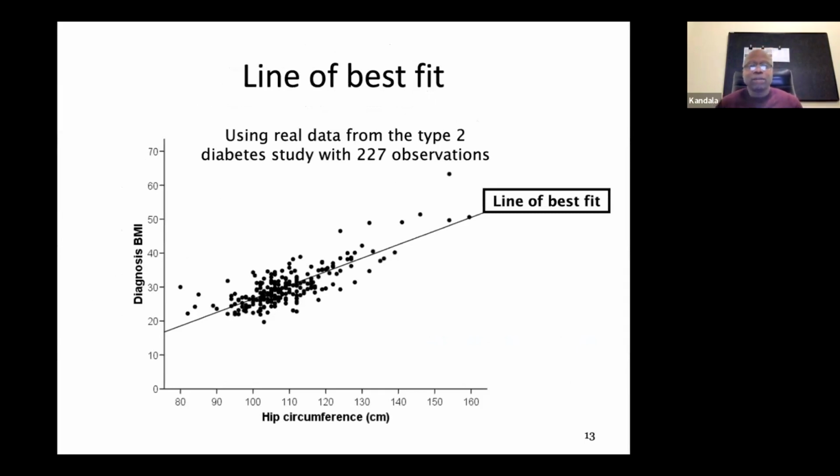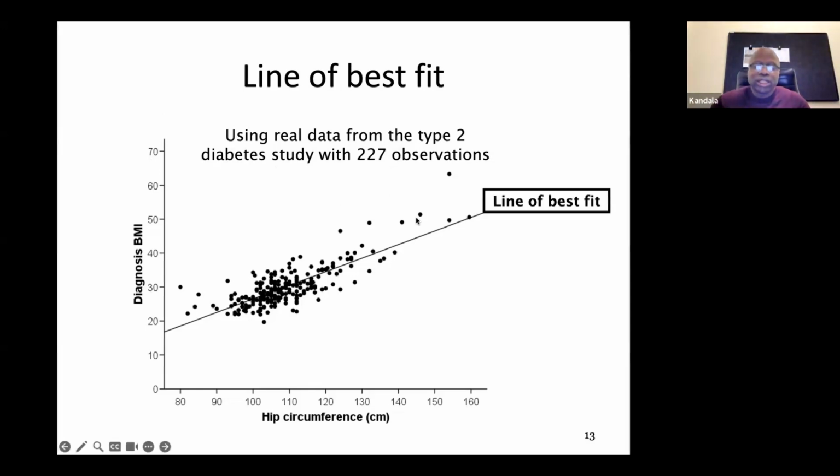So the idea with linear regression is to find the line of best fit. One other example, in terms of health, is to find the relationship between body mass index and hip circumference. You can see here real data from type 2 diabetes with 227 observations.